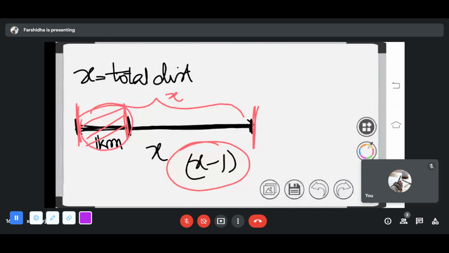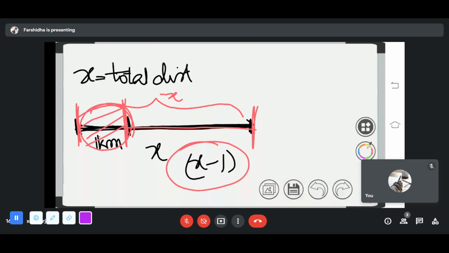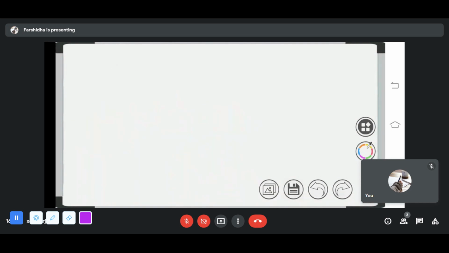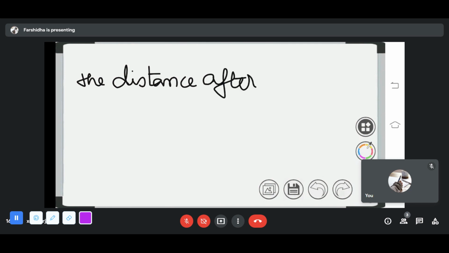I have traveled 1 kilometer, that means x minus 1. So after 1 kilometer, my distance will be x minus 1. Second, the distance after 1 kilometer is equal to x minus 1.